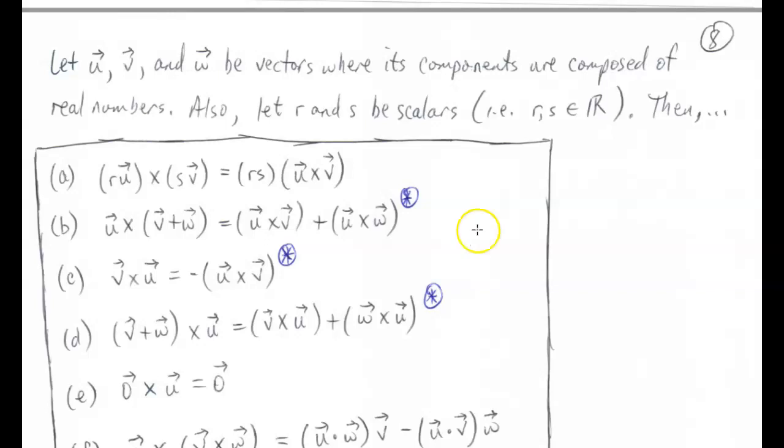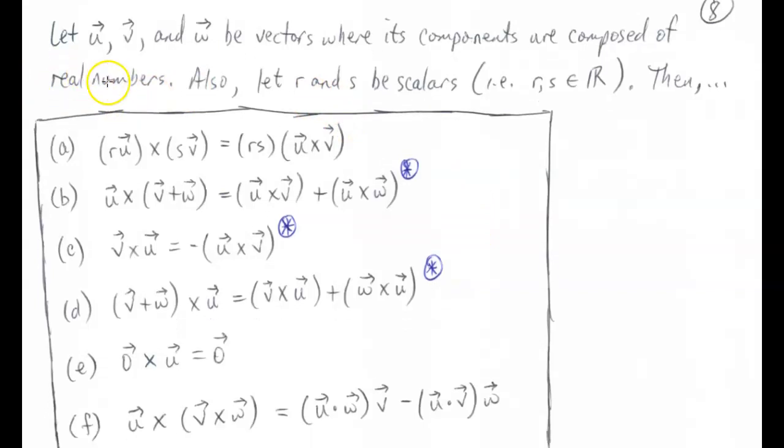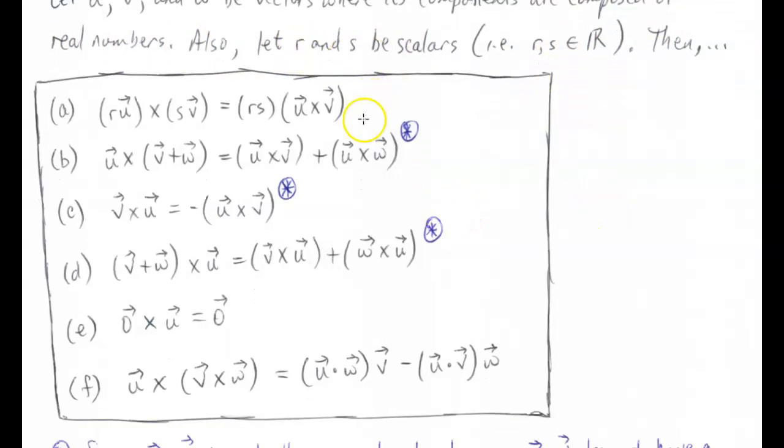Okay. And so here, if we let u, v, and w be vectors, whose components are composed of real numbers, and if we let r and s be scalar values, then all these properties that I state here are true.